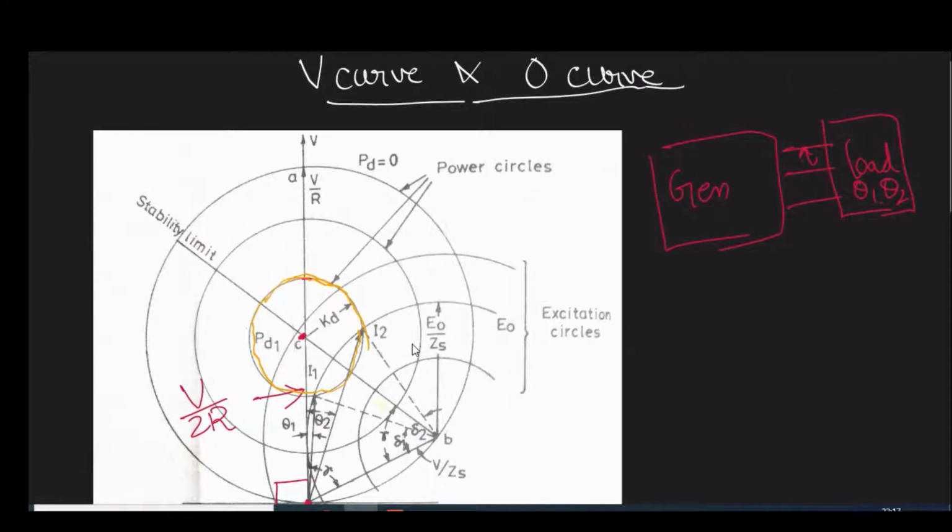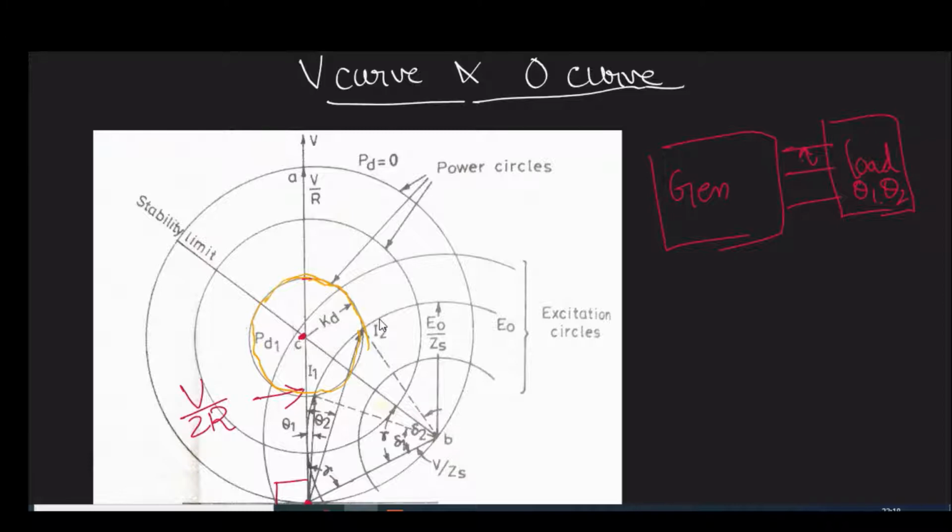Now see, as I have discussed, we are trying to give you a picture where we can get different values of current for the same load and different power factor.